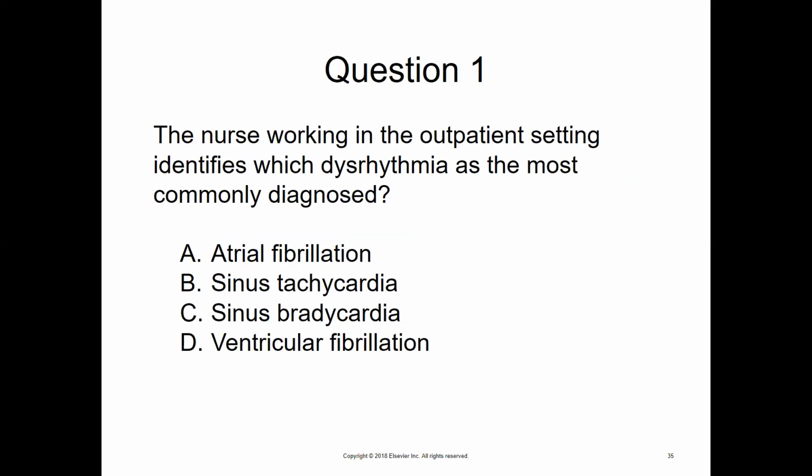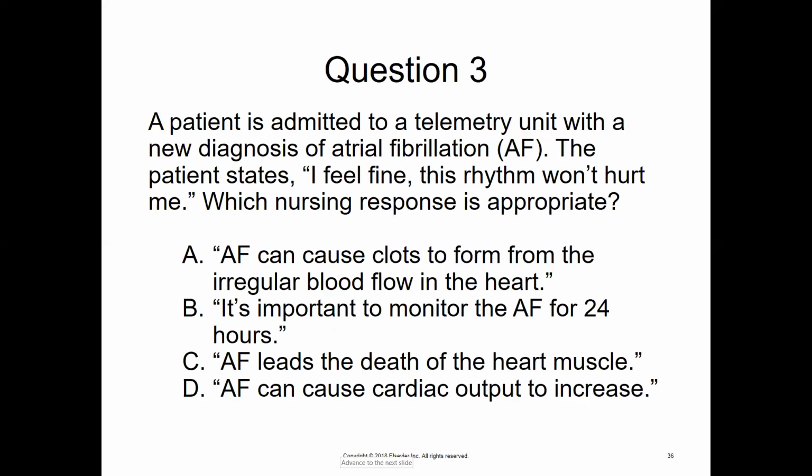Okay, so a few questions here. The nurse working in an outpatient setting identifies which dysrhythmia as the most commonly diagnosed? A, very good. Atrial fib, that's the most common dysrhythmia out there. A patient is admitted to a telemetry unit with a new diagnosis of AFib.